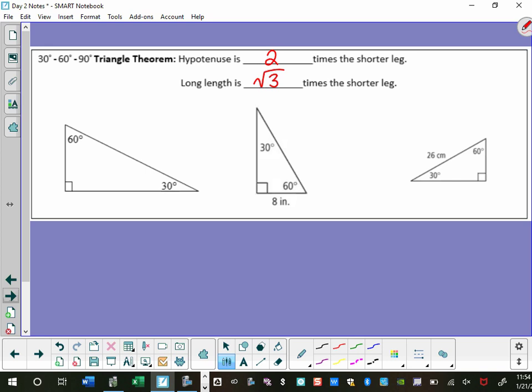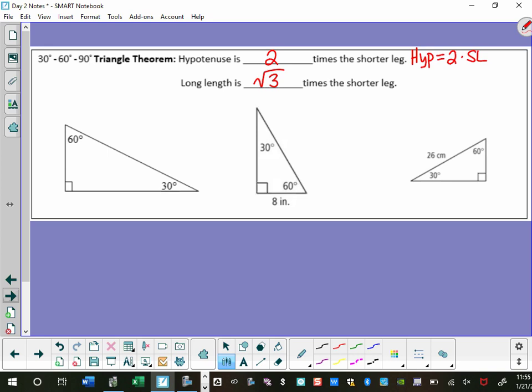All right, so let's write this out. Everyone write this down. For 30, 60, 90, we're going to have 3 equations. First, let's say we have the hypotenuse. To find your hypotenuse, it is 2 times the short leg. I don't write out short leg, I just use SL.